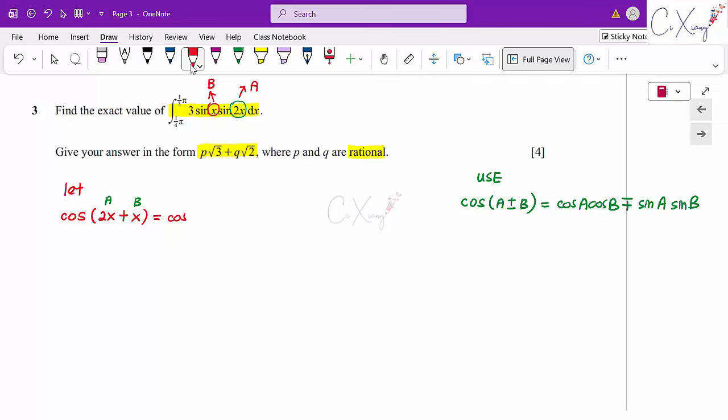You should have cos A cos B minus sine A sine B. Then if I combine these two angles, 2x plus x, I have cos 3x, and it equals cos 2x cos x minus sine 2x sine x.